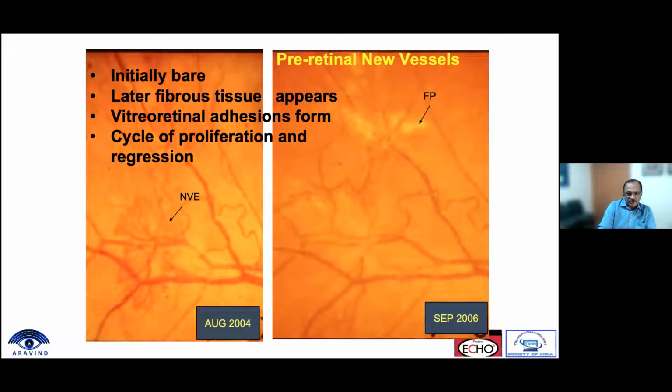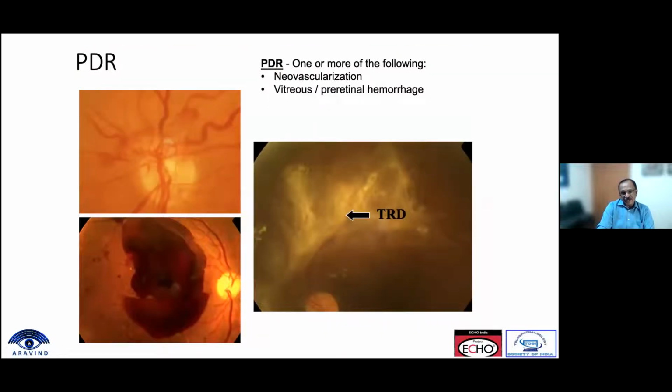This patient initially refused laser treatment, and this very clearly shows how IRMA and subsequently these areas of ischemia lead to new vessel formation, then pre-retinal new vessels rising and attaching to the vitreous, and then fibrous proliferation happening, which ultimately leads to a tractional retinal detachment in that particular area.